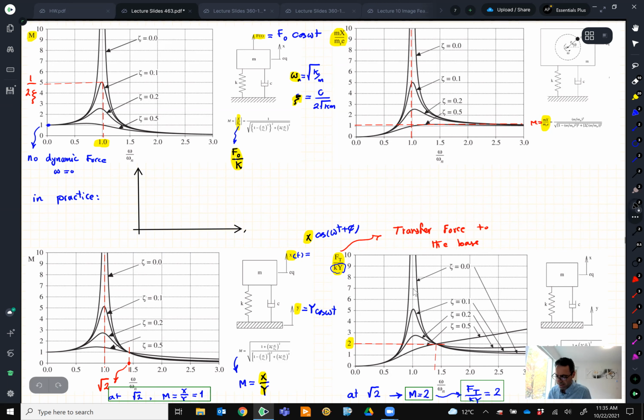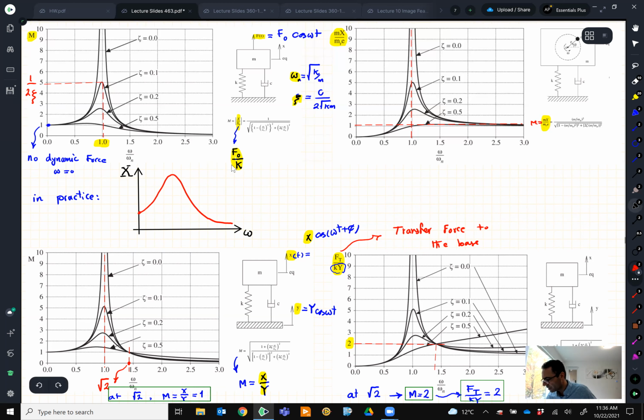So on X, they have omega, and on the Y-axis, they have the value of X because they measure X. We don't measure M. M we just mathematically define as the ratio of X over F0 divided by K. So they do a test and they get a graph that may look like this. Right?